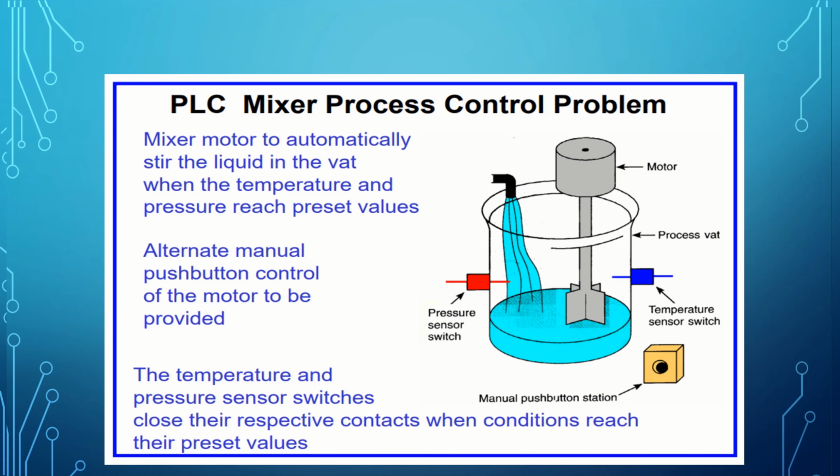Here is a PLC mixer process control problem. For example, a mixer motor automatically stirs the liquid in the vat when the temperature and pressure reach preset values. But also, an alternate manual push button control of the motor is to be provided. The temperature and pressure sensor switches close their respective contacts when conditions reach their preset values.